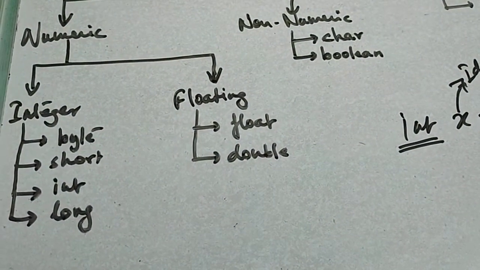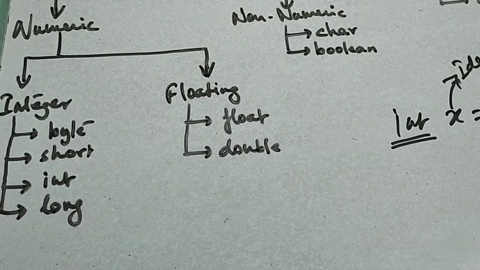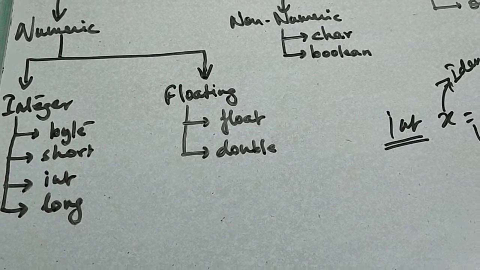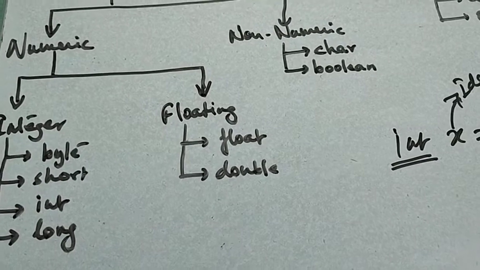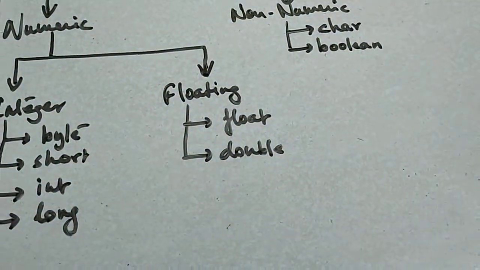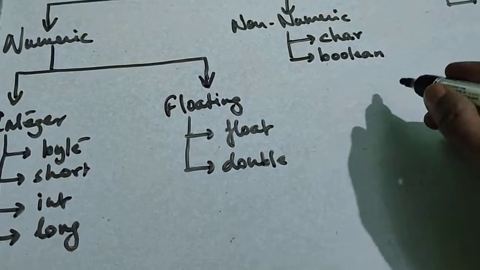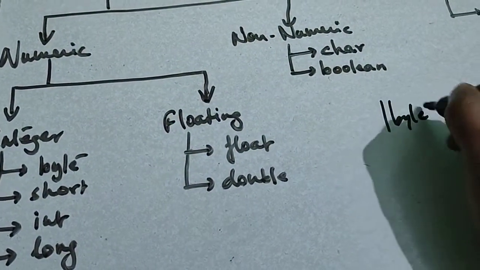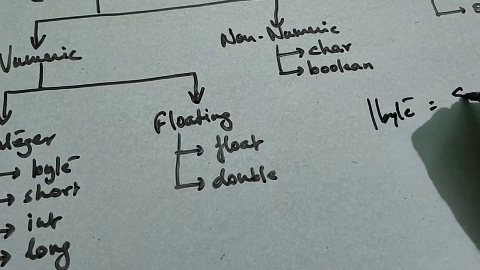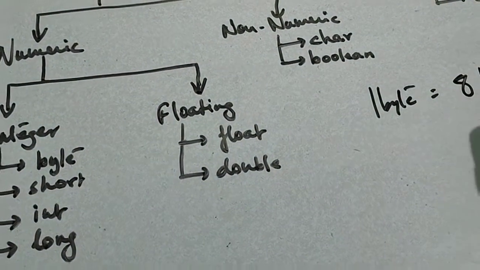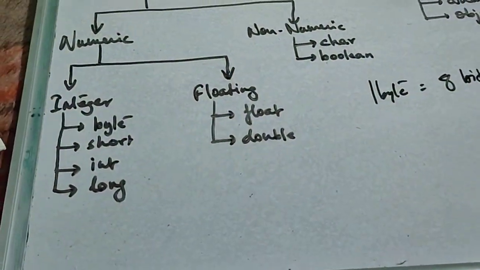Integer is further classified into four parts: byte, short, int, and long. So 1 byte is equal to, remember, 8 bits.